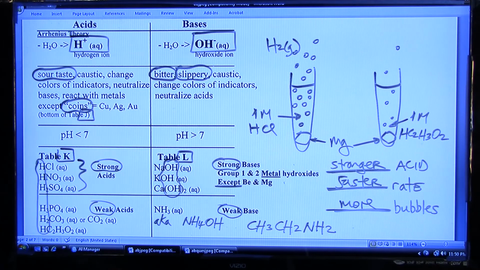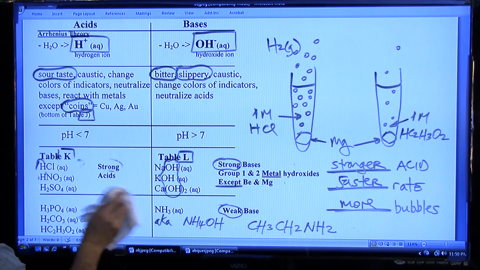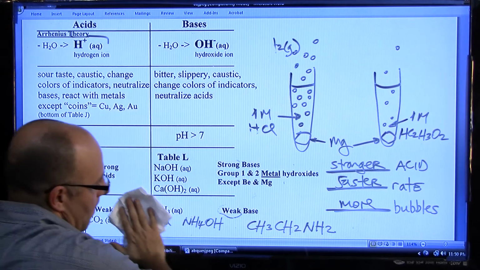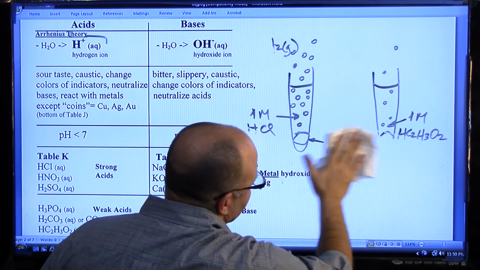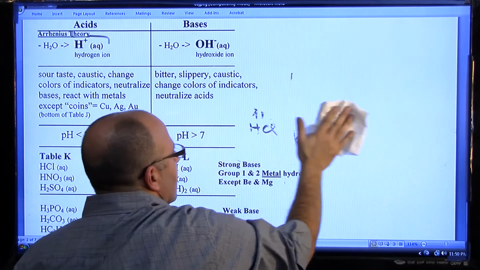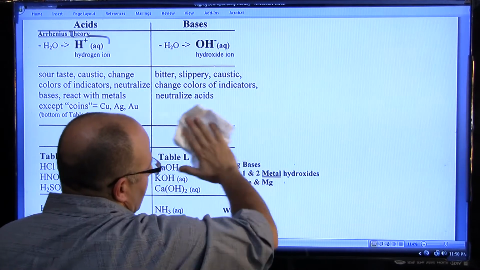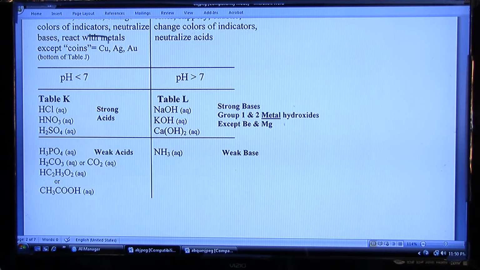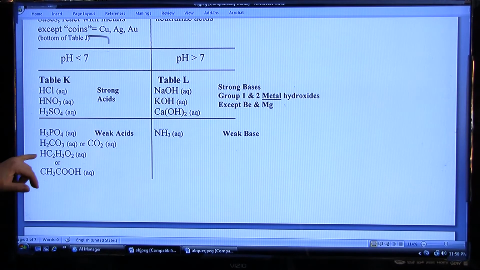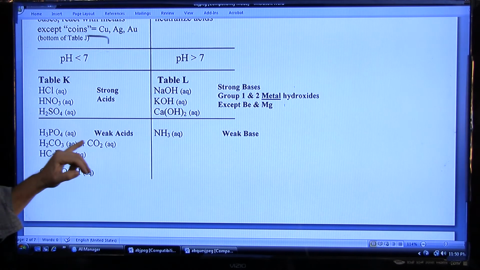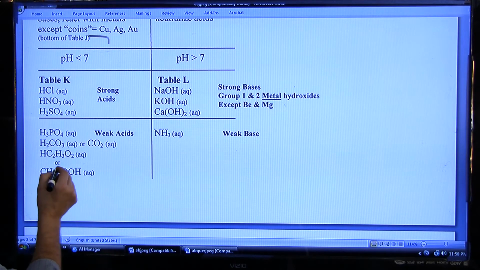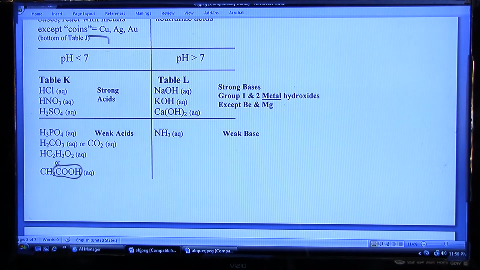And then the thing I was going to tell you about here, about acetic acid, let me just warn you here. I'll just erase here. Put a note here about acetic acid. Notice how the acetic acid, like the carbonic acid, can be written both ways. The acetic acid is written like this to remind you that acetic acid is an organic acid. And when we go over organic chemistry, we'll deal with this.